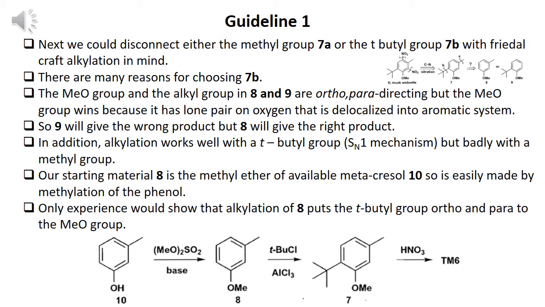So when we are using a tertiary butyl halide, the SN1 mechanism will move on, and that is very good. SN1 means a two-step mechanism, with only one molecule in the rate determination.